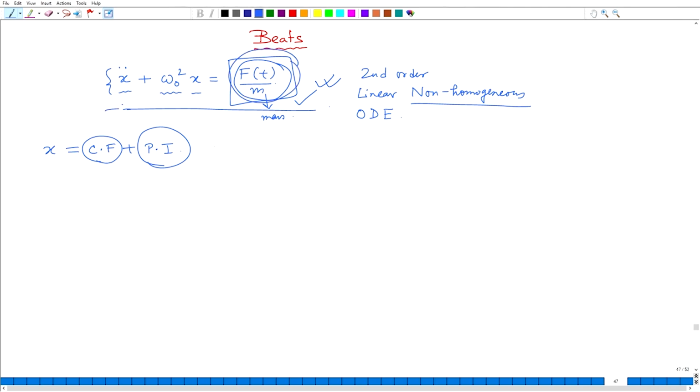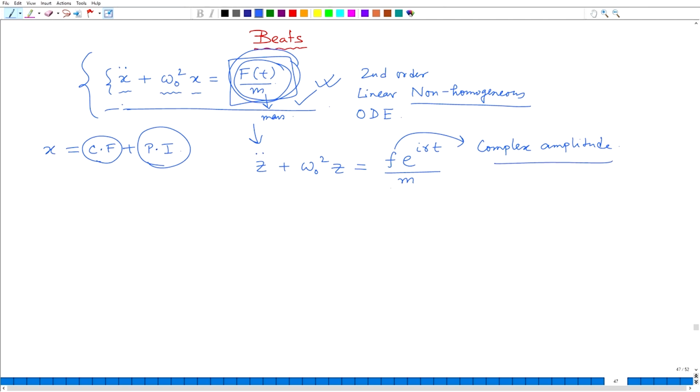So, if you remember, in order to discuss the solutions of this type of equation, we have cast the equation in a complex form, where we said that this is the complex equation and we have some F e to the power i gamma t by m, where F is the complex amplitude which can take care of the initial phase of the forcing as well.